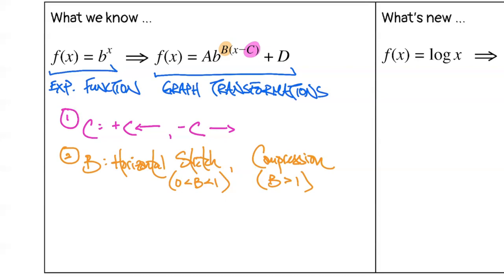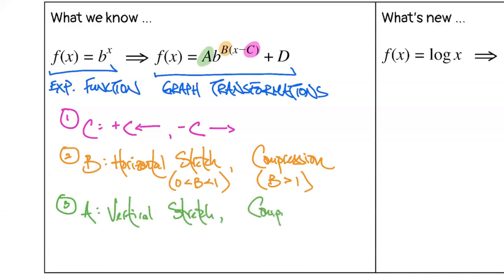After C, after B, which transformation do we look at next? Yeah, we're going to move to A. And what does A tell us? It's a vertical stretch or compression. You got it.